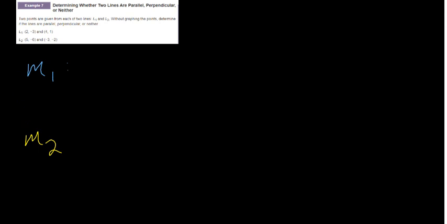Same thing. To me it makes a lot of sense to say the first points will be point 1, and the second points will be point 2. Now there is something to be said to make the arithmetic easier on you, because you might want to have the positive number first.